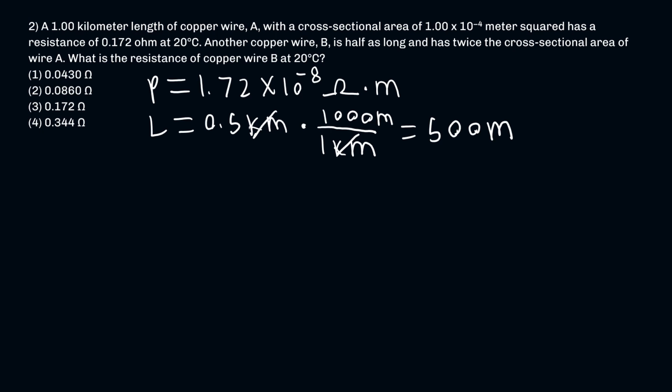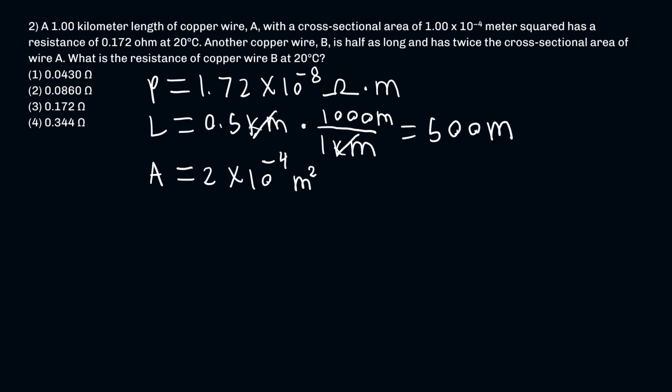So our new cross-sectional area, we're just doubling this. This is A on the reference table. Again, that's on the right side. If you forget that, it's at the very top of electricity. This one is going to be 2.00 times 10 to the negative 4th, or you can just put 2 times 10 to the negative 4th, and that is going to be meters squared.